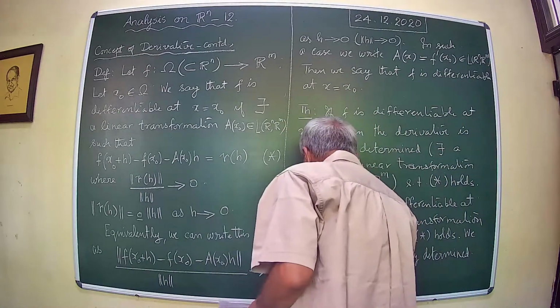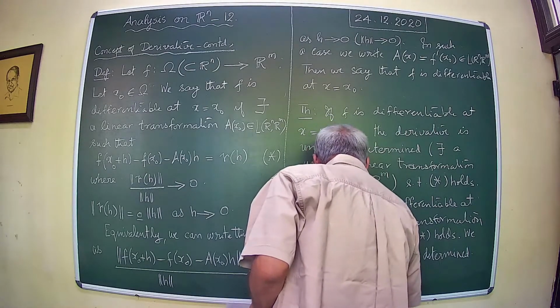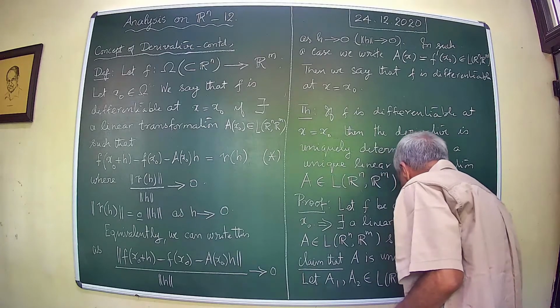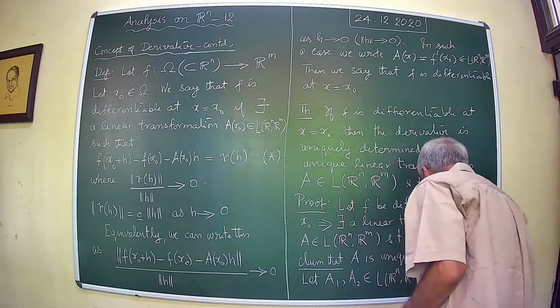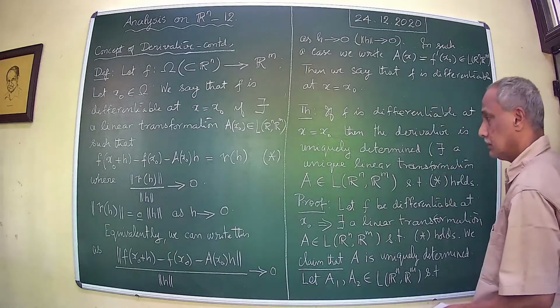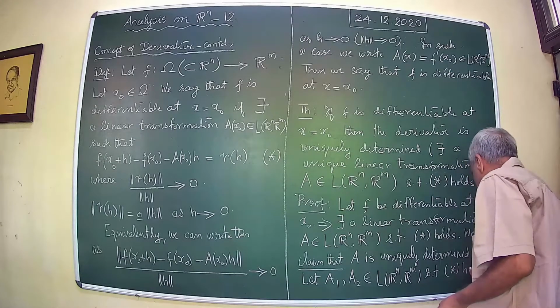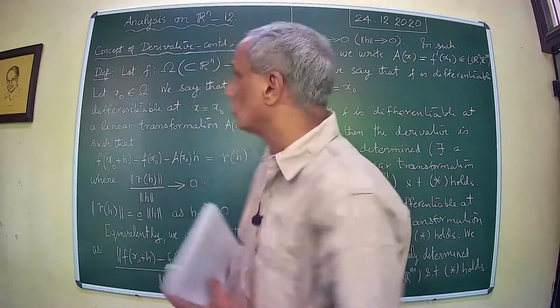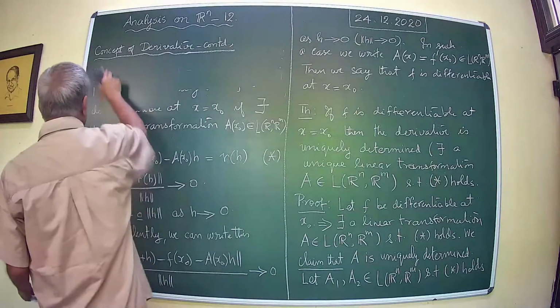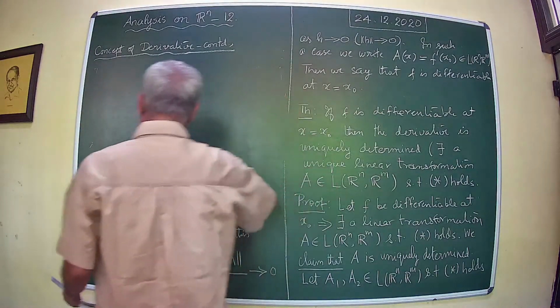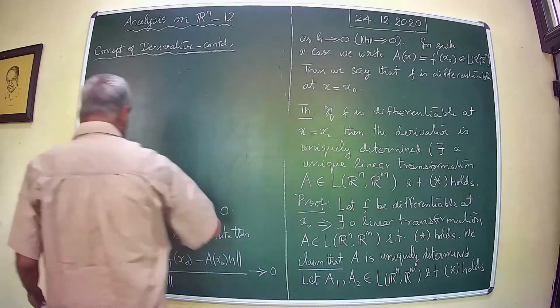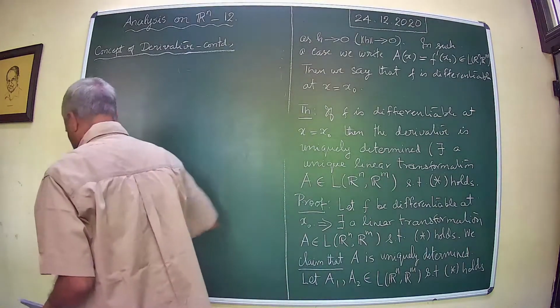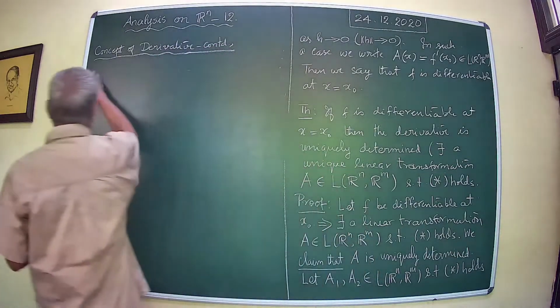Let A1, A2 be such that star holds with A replaced by A1 and A2.